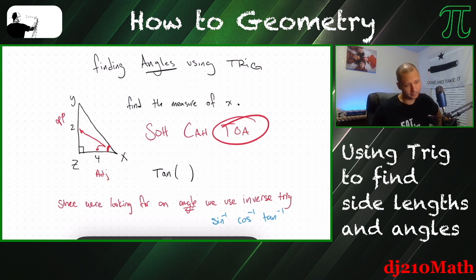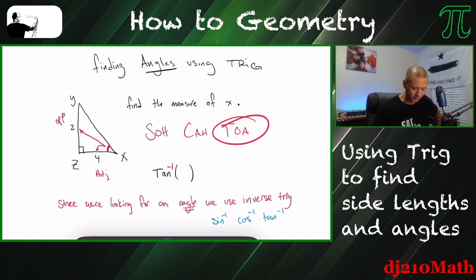There's no reason why you should have any of these memorized, with any of the trig at this point. At some point you'll learn the common ones, but that's at a much later time. So since we're looking for an angle, we have to use inverse trig. So that's the tangent to the little -1 symbol. This is inverse tangent. This is what you use when you want to find an angle.